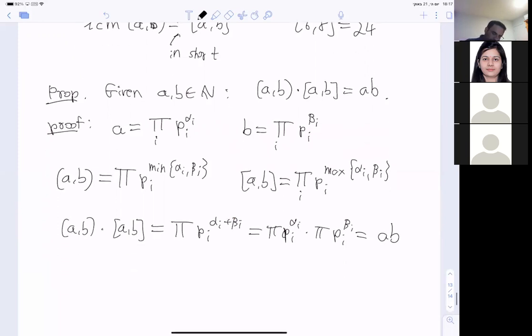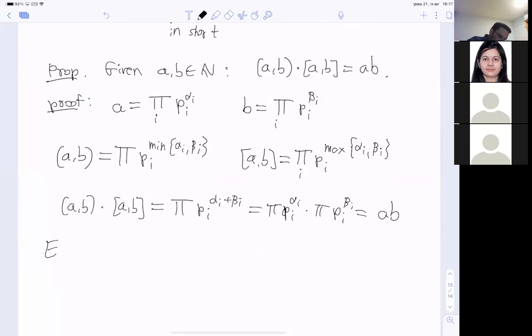Example. Six was 2 and 3, so this is the power 1, 1. Eight was 2 in the power of 3, and 3 in the power of 0.